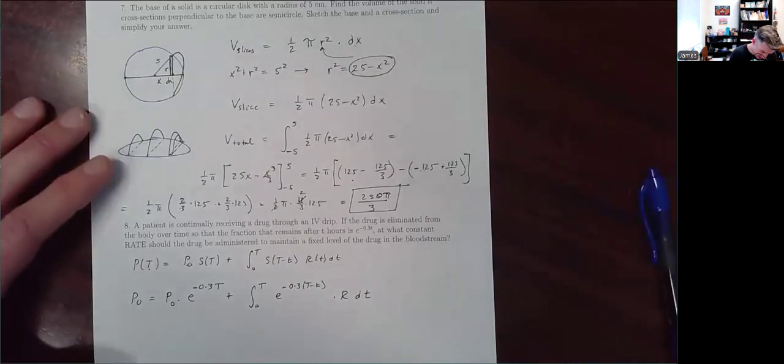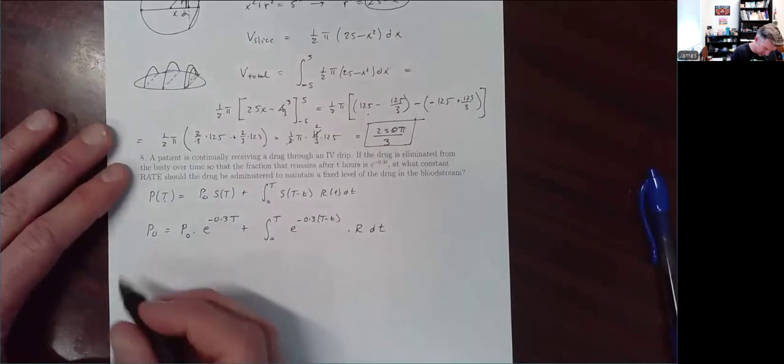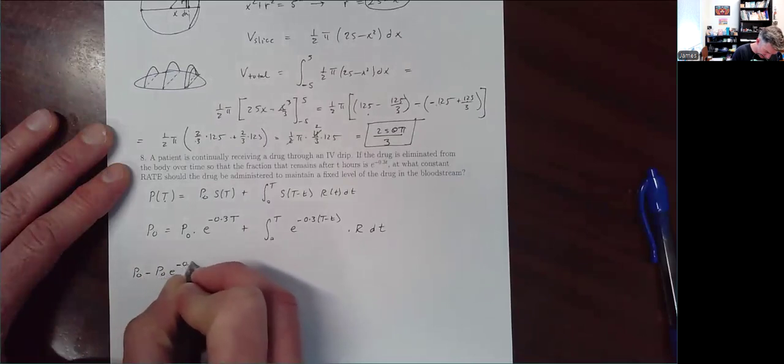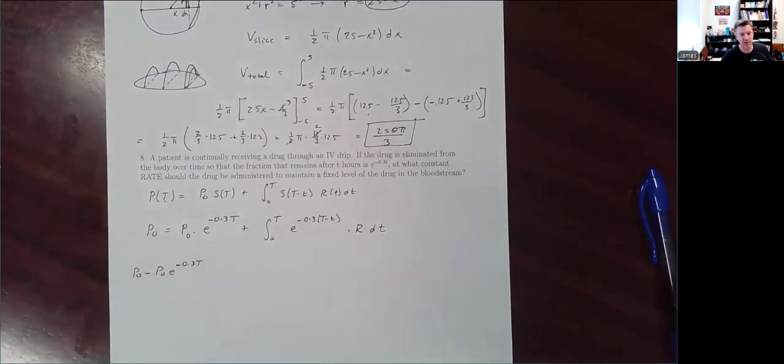Okay. So working towards solving for this as well as simplifying, I'm going to bring this over here. So I have P naught minus P naught e to the negative 0.3 capital T. And I really feel like I'm forgetting something. Let me double check one thing real quick, just so I don't go down the wrong path here.